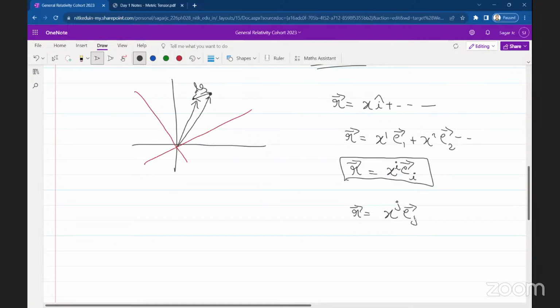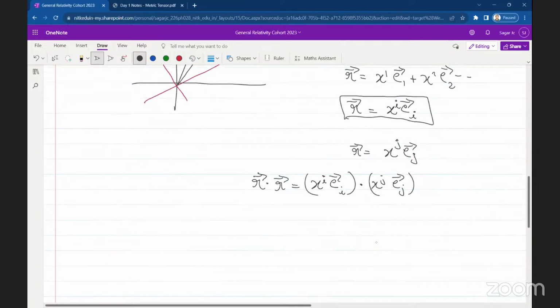It doesn't make any difference because it is just summed over. Now I will write r vector dot r vector. For the first r vector, I'll write the above value, xi ei, dot xj ej.